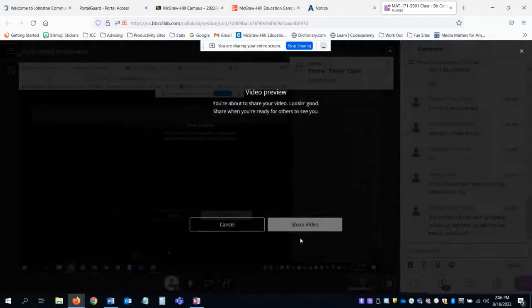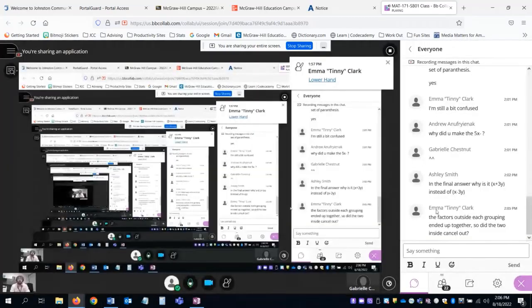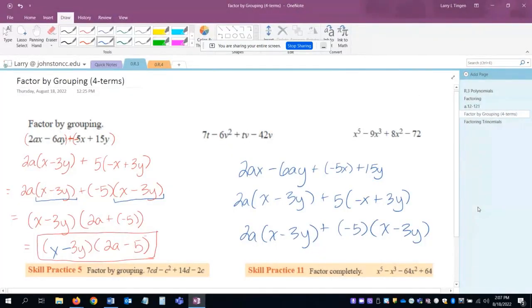All right. Okay, the factors outside each grouping ended up together. So did the two inside cancel out? The two factors on the inside ended up together because they're the same.